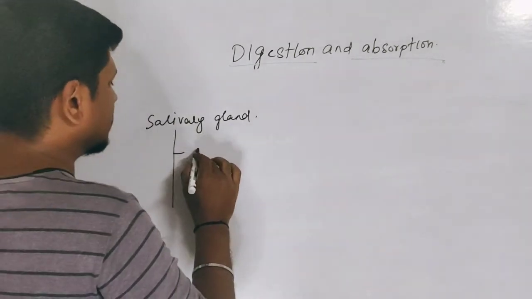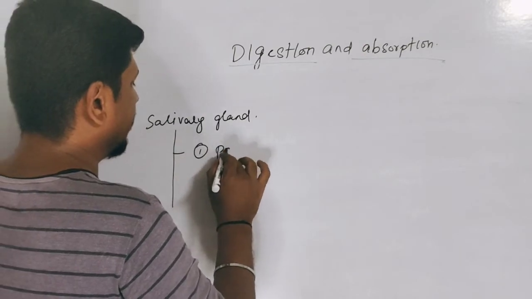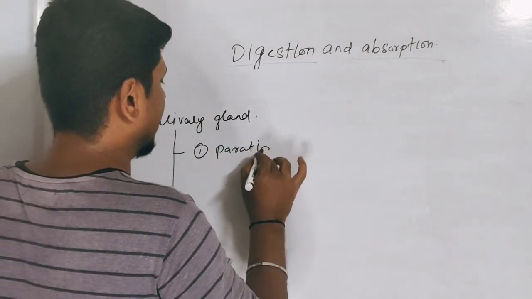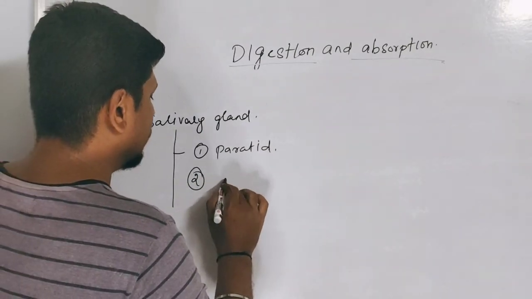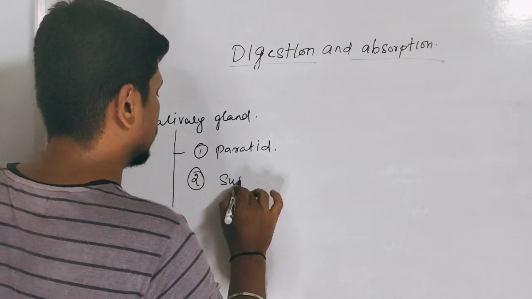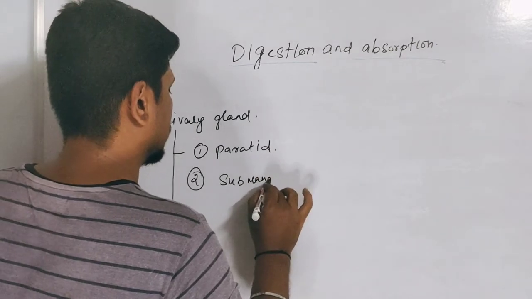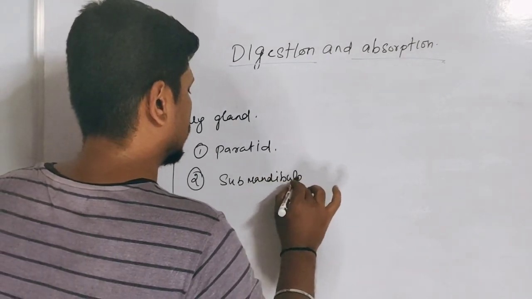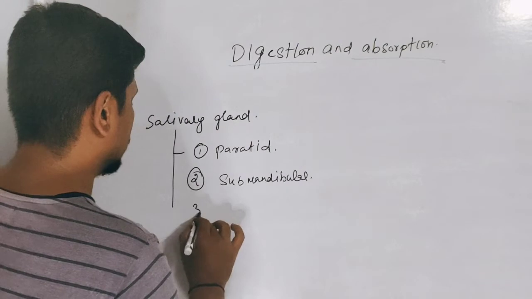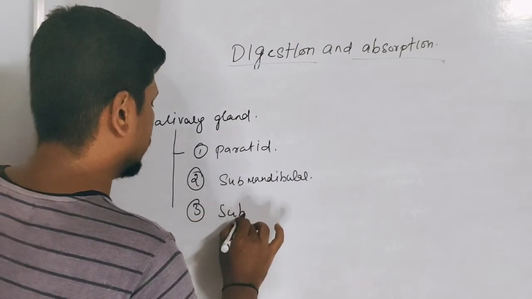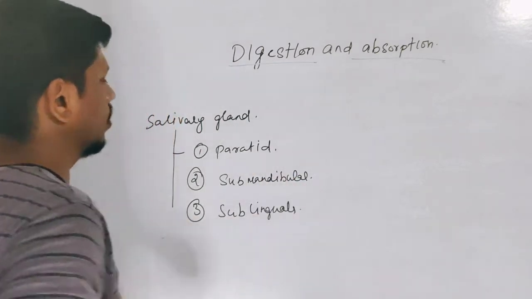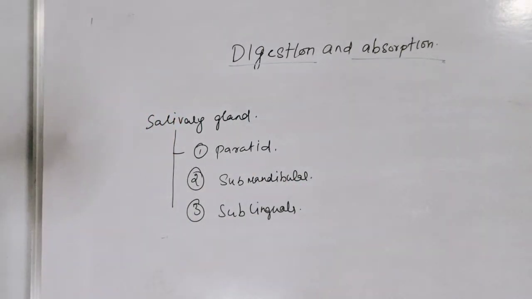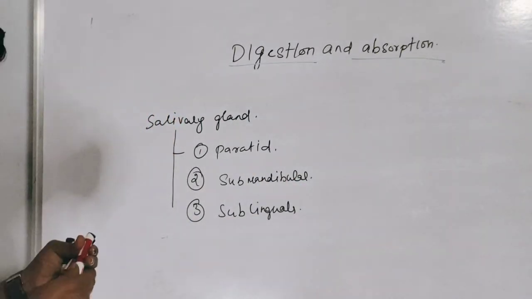Major part you can consider parotid gland, then submandibular, then the third one is sublingual gland. Right? Okay.